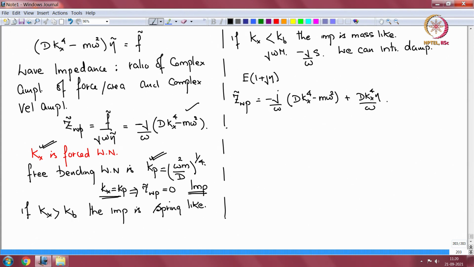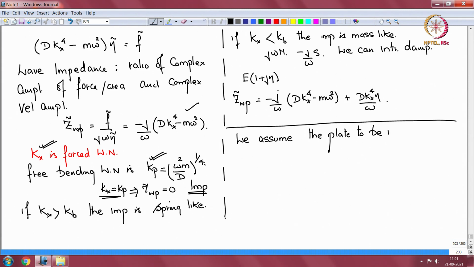Now the next step is that we now assume the plate to be in contact with a fluid.